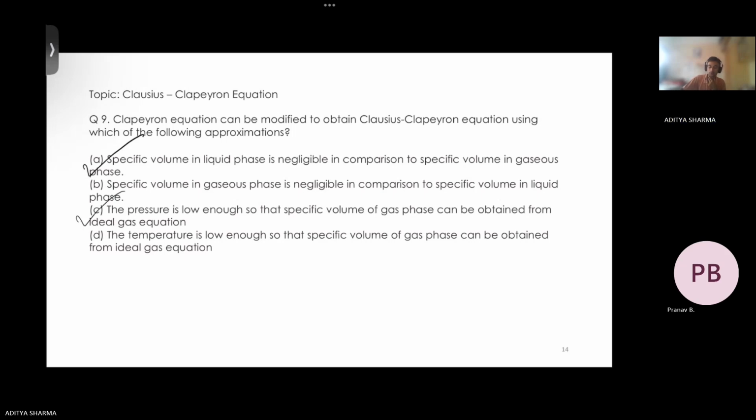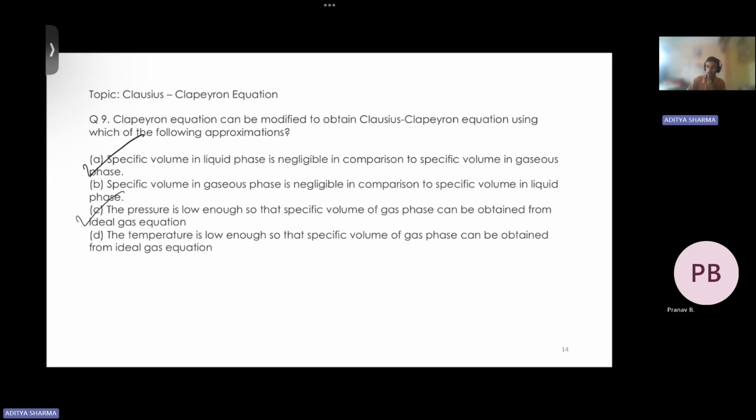Okay. So the pressure is low enough such that we can consider it an ideal gas. So this we can try to remember. Okay. So in case pressure is low, so specific volume we can obtain using this ideal gas equation.